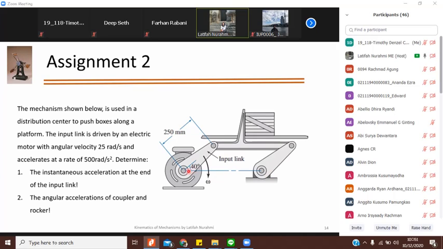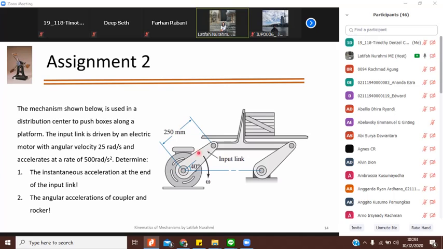Because you always have to count the ground as well as the link. So the ground is link number 1, here is link number 2, link number 3, and link number 4. Right, so this is quite simple.